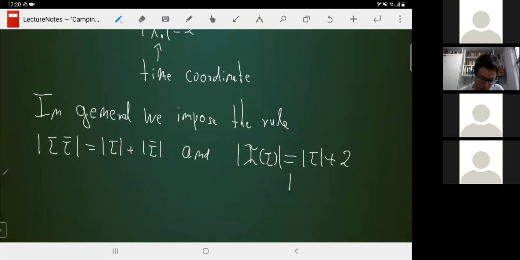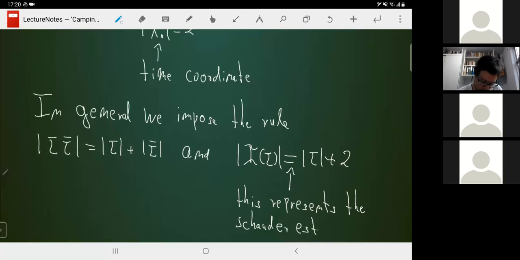So this represents the Schauder estimate.